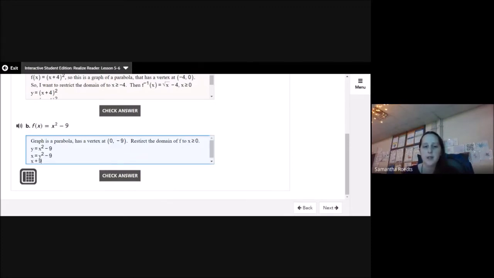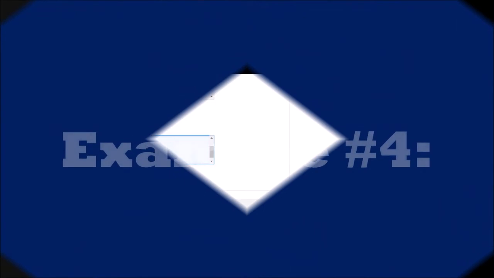So x plus 9 equals y squared. This gives me the square root of x plus 9 equals y. So f to the negative first power equals the square root of x plus 9, where x is greater than or equal to negative 9.